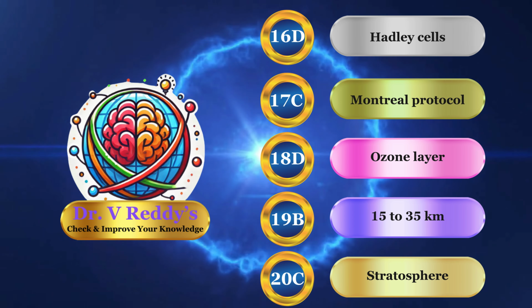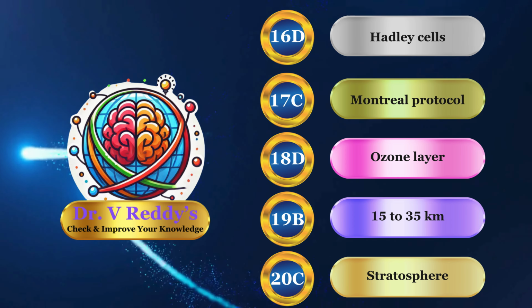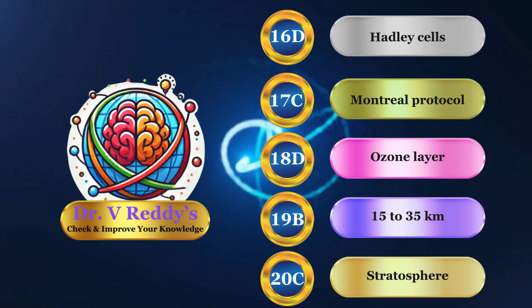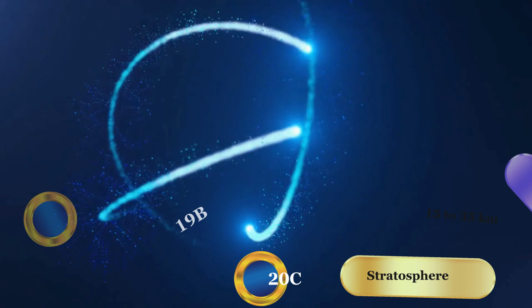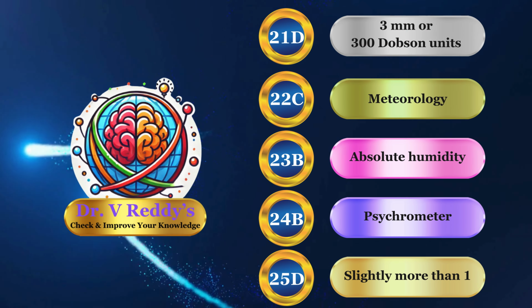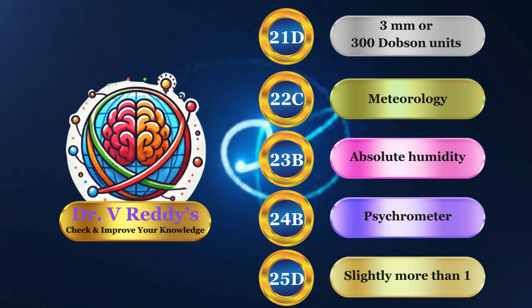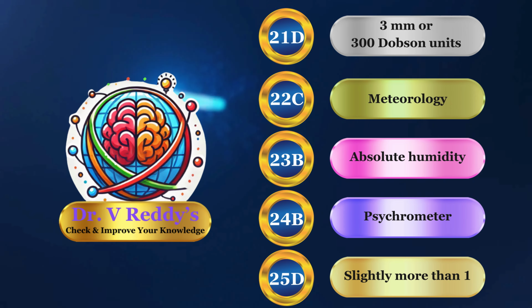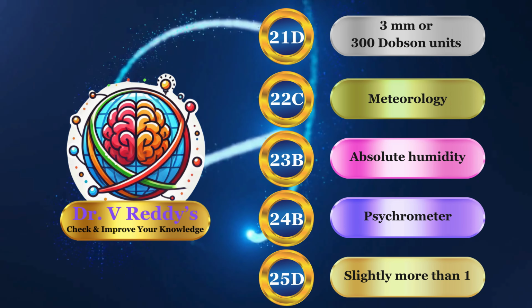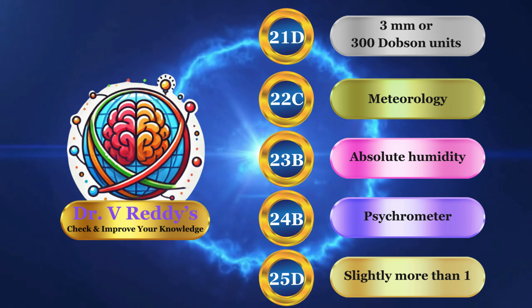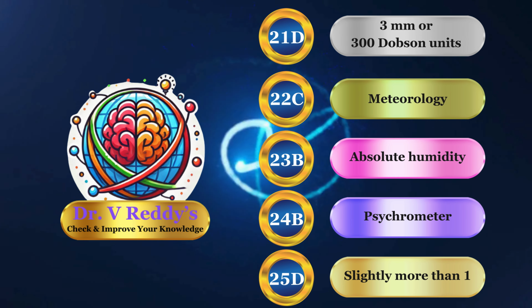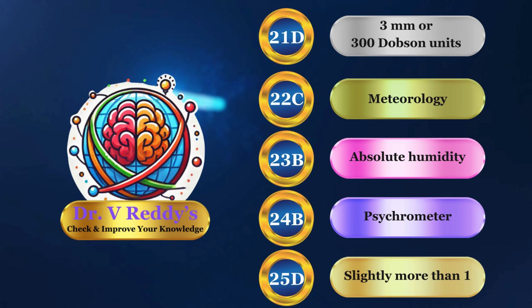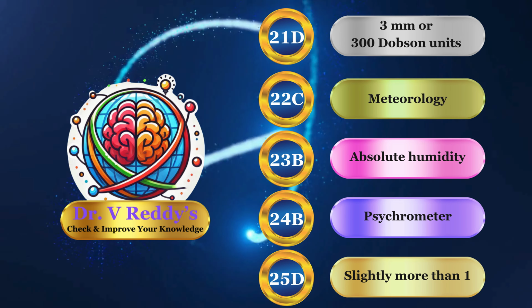D. Ozone layer. 19. B. 15 to 35 kilometers. 20. C. Stratosphere. 21. D. 3 millimeters or 300 Dobson units. 22. C. Meteorology. 23. B. Absolute humidity. 24. B. Psychrometer. 25. D. Slightly more than 1.